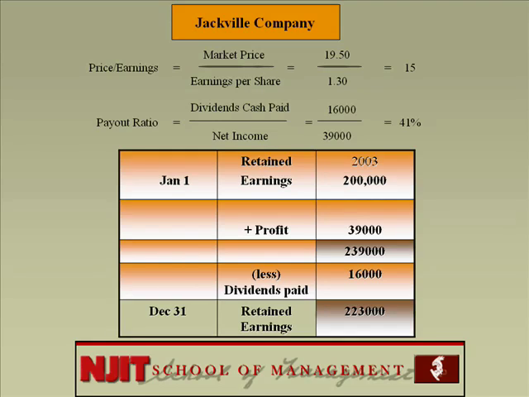So you stick in 16,000 as the numerator of the payout ratio, you get 41%. What does 41% mean? It means that 41% of earnings were paid out as dividends. That's not too bad. 40% is acceptable. It's not considered too high, nor too low.